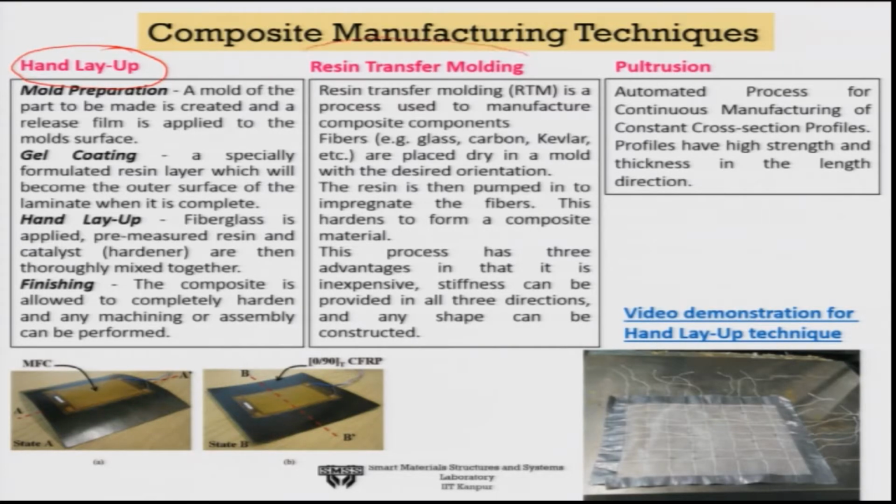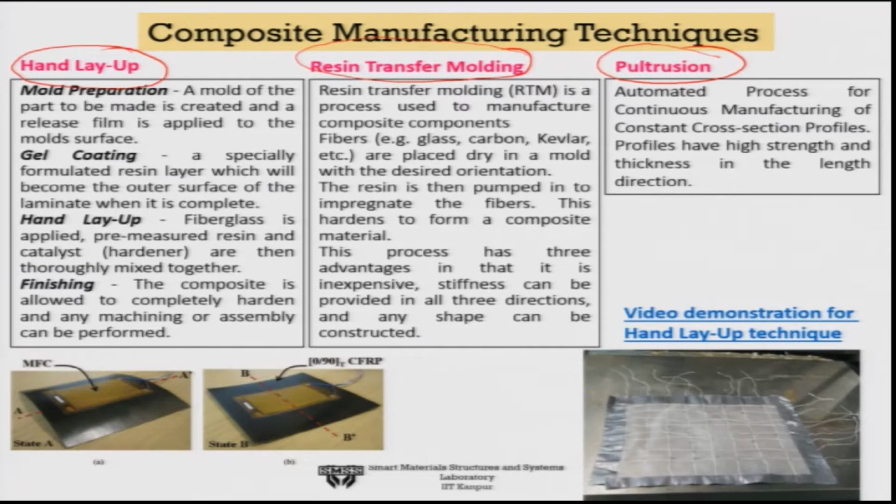One technique which is coming up is resin transfer molding, where we are adding smart fibers in order to know what curing process is going on when a composite is getting hardened. And pultrusion we will cover, because it is very important, but so far pultrusion has not been combined with smart materials.